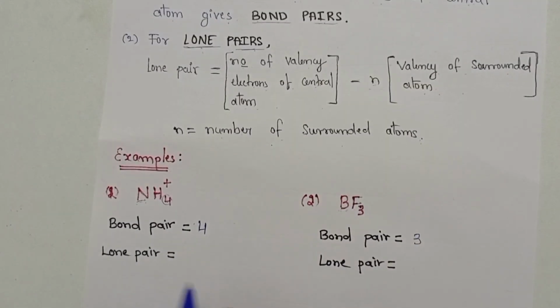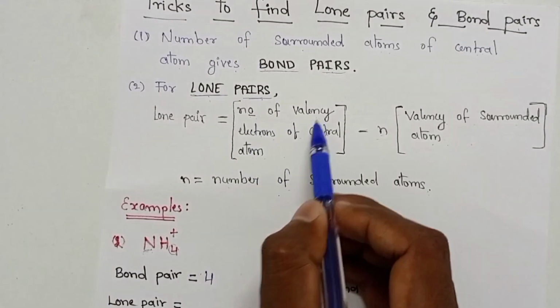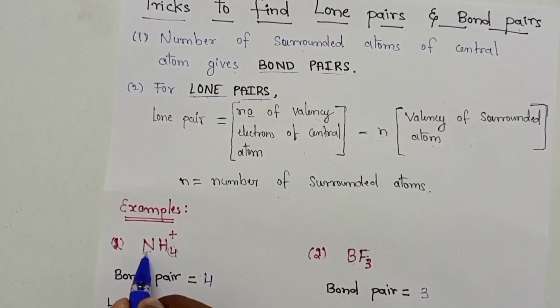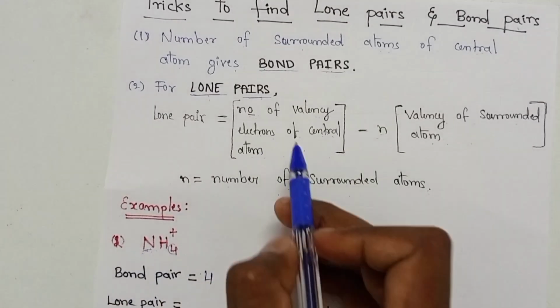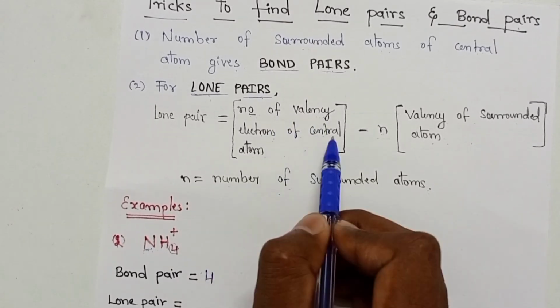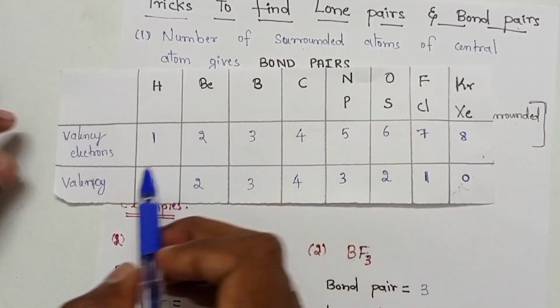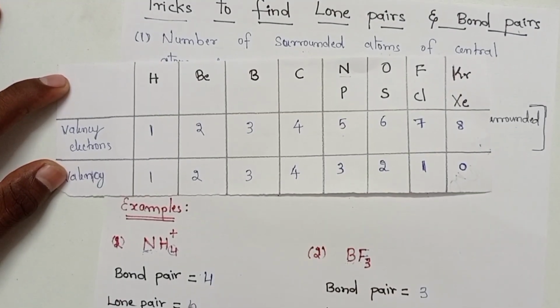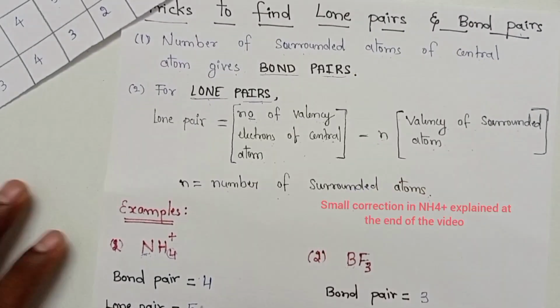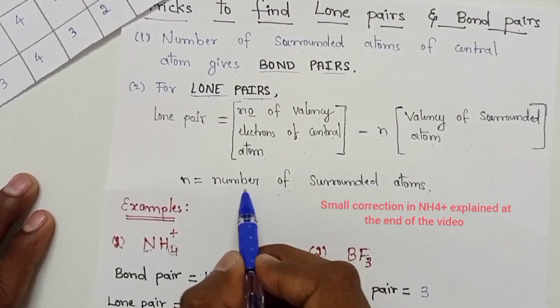Take for example NH4+. First we have to calculate the number of valence electrons of the central atom. Nitrogen is the central atom, and the valence electrons of nitrogen is 5. So I will write 5 minus n, the number of surrounded atoms.